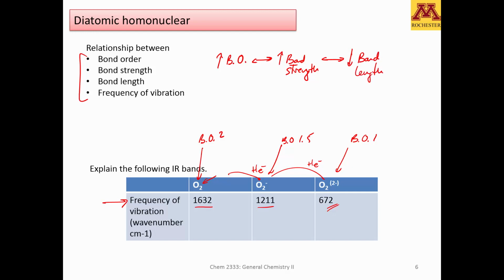And now what does that mean in terms of frequency of vibration? If you remember, in terms of frequency, I don't know if you're familiar with this equation, it has the force constant divided by the mass, this is the strength of the bond, this is the mass of the bond.